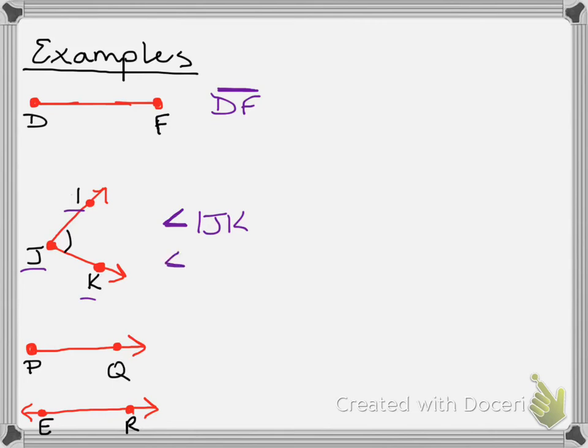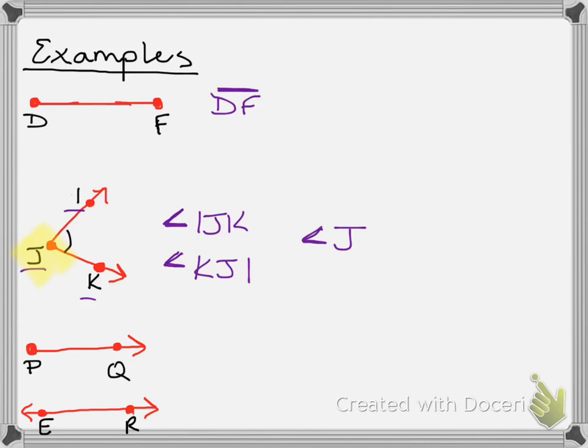You could call it angle KJI. Because remember, the vertex, the common endpoint, has to be in the middle. What's the last way you can label an angle? By the vertex, right? So I can call this angle J. So there's 3 ways that you can write an angle.